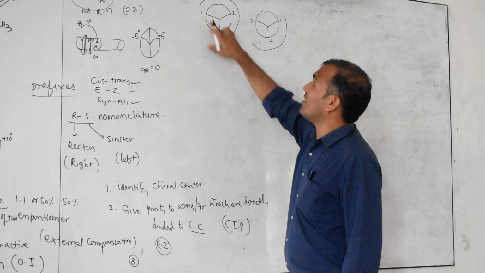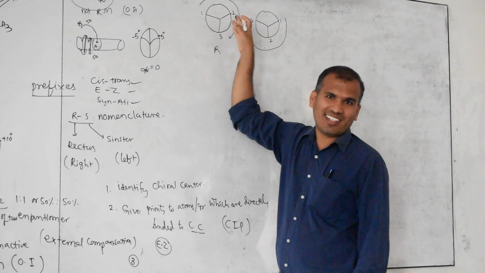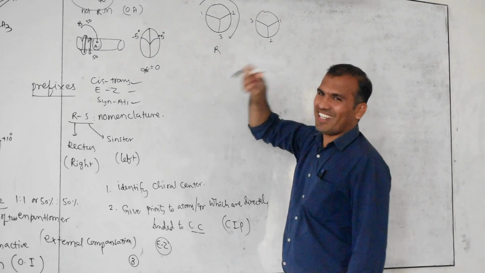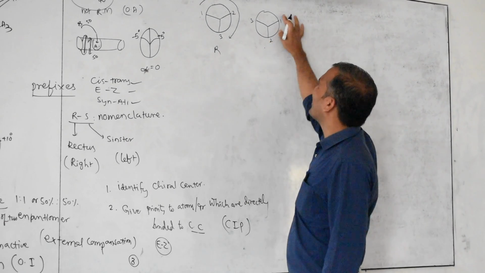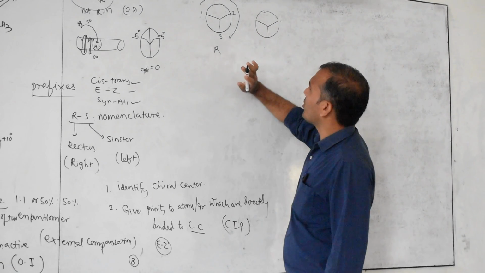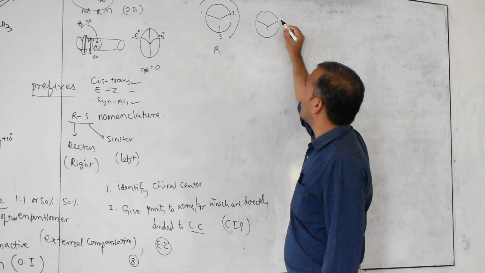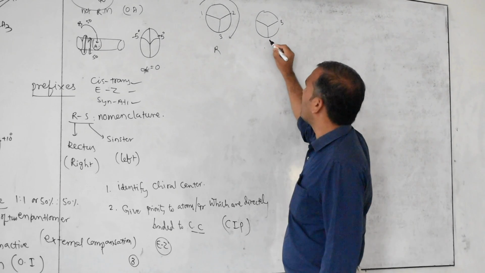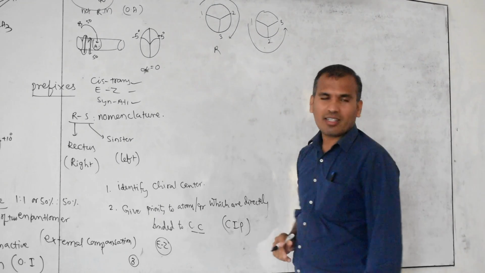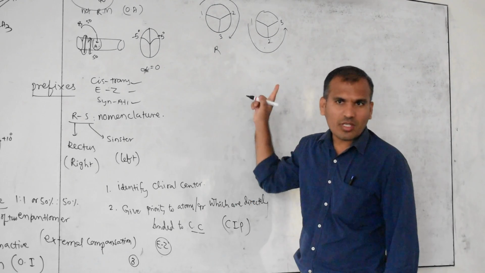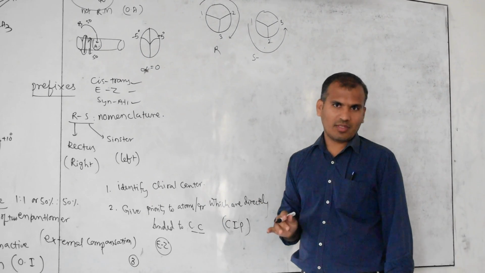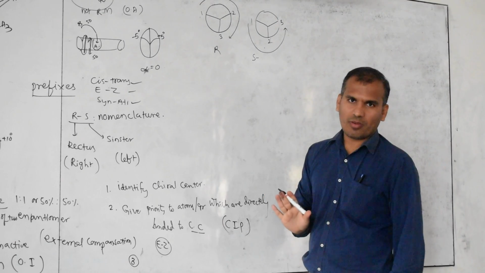This is also clockwise. Don't think that because one is R, another is different. To avoid that, I am doing it here. Now the numbers change. How to give? Anti-clockwise. Here 3, here 2, here 1. Then it is anti-clockwise or counter-clockwise. Then what does it indicate? Clear? This is the rule you have to follow.